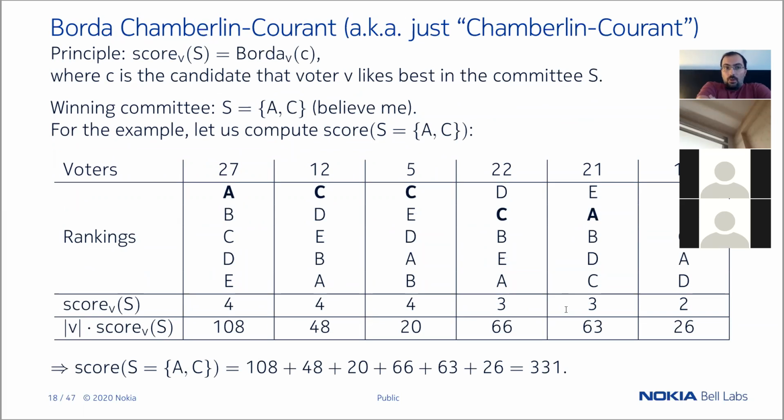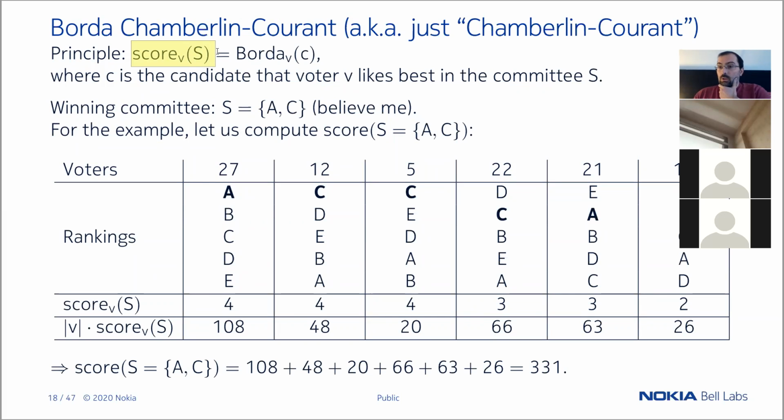Then we have the Borda-Chamberlain-Courant rule, which is also known as simply Chamberlain-Courant, because in the original proposition of Chamberlain-Courant, it was using the Borda scores, but you can do Chamberlain-Courant with other forms of score. Here the principle is that your level of happiness with a given committee is your level of happiness with the candidate that you like the most in that committee.